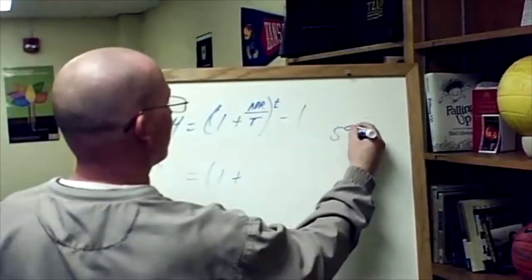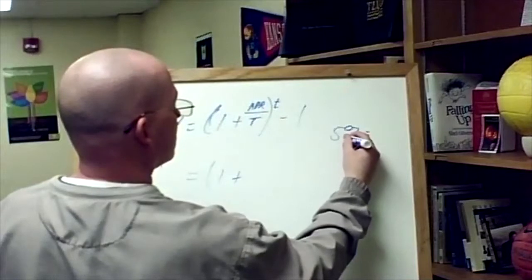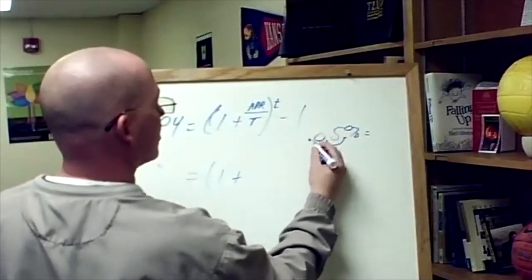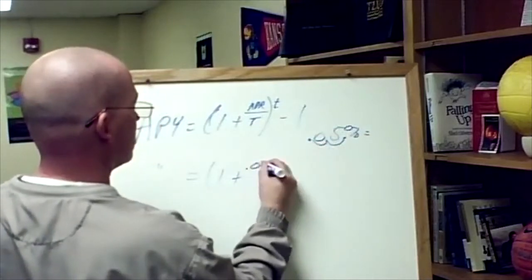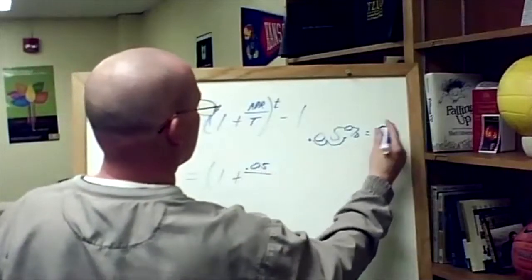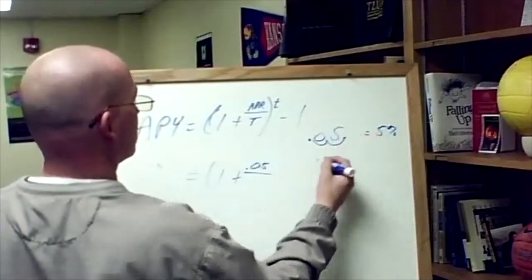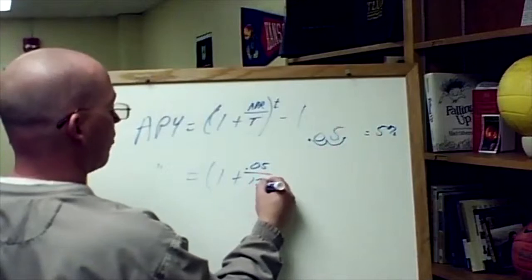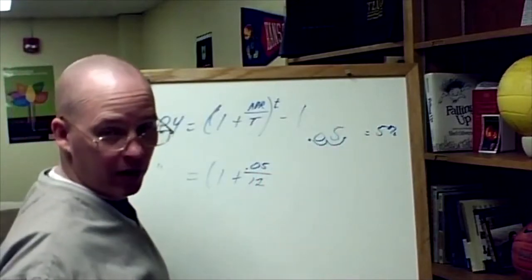You have 5%; you just take the decimal and move it to the left 2 times, and now you have 0.05, which is the same as 5%, okay? You got to convert that to decimal form. Time is 12. It compounds 12 times because it compounds on a monthly basis.